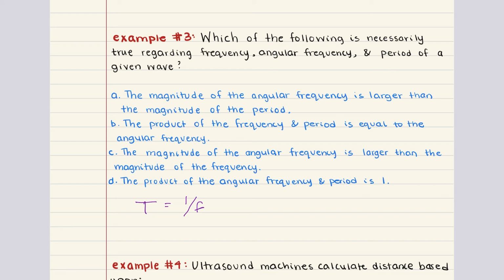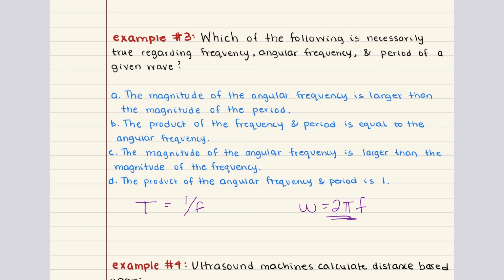Now, the angular frequency is another way to describe the wave's oscillation rate, but it uses radians per second instead of cycles per second. The relationship between angular frequency and frequency is given by this equation. Angular frequency is equal to 2 pi multiplied by frequency.